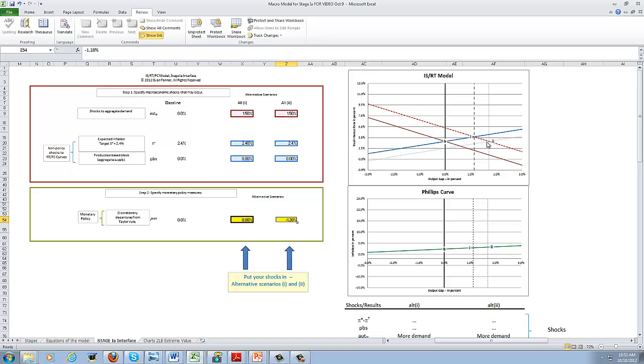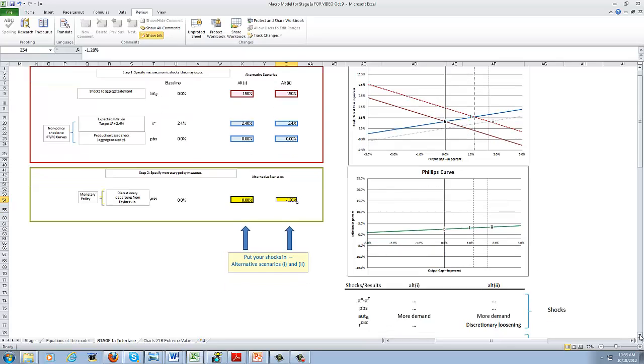You can see also what happens when we have a more accommodative monetary policy. That's also going to mean that we're going to encourage more aggregate demand, so we'll have a higher output gap under alternative 2 than we will have under alternative 1, but at a price of higher inflation under alternative 2 than alternative 1. That also shouldn't be surprising.